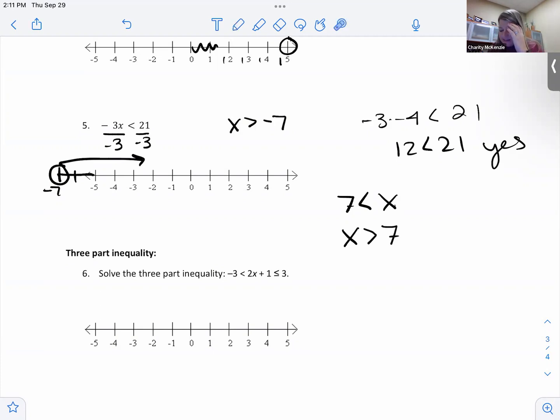So the x is greater, it's being eaten by the alligator on both of them, right? So you can switch around an answer. Just make sure to switch the inequality as well. So x is greater than 7, or 7 is less than x. Those are saying the same thing. But it makes way more sense to say it as x is greater than 7. Numbers, just numbers are greater than 7.